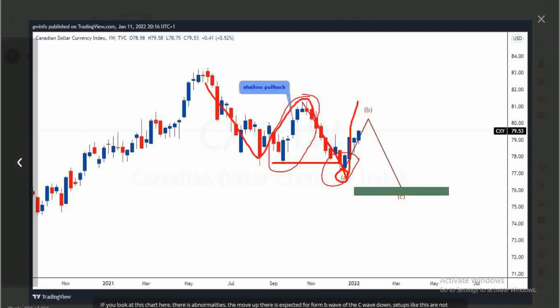But if this is not complete for Y, then we could look at the possibility of an ABC to complete the Y leg. So it's still a possibility.